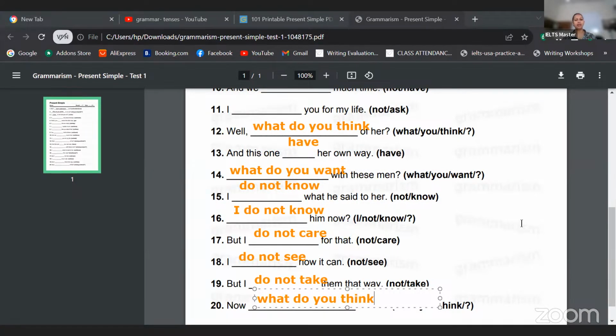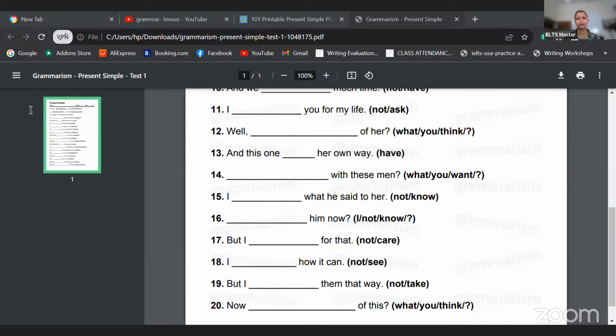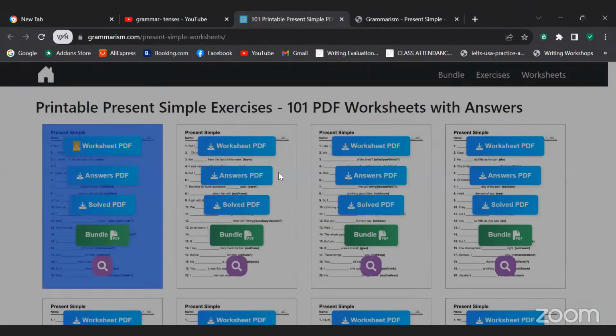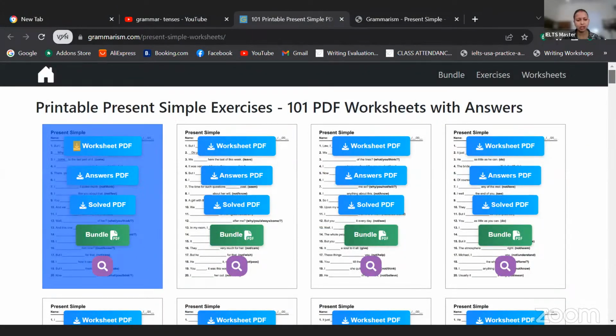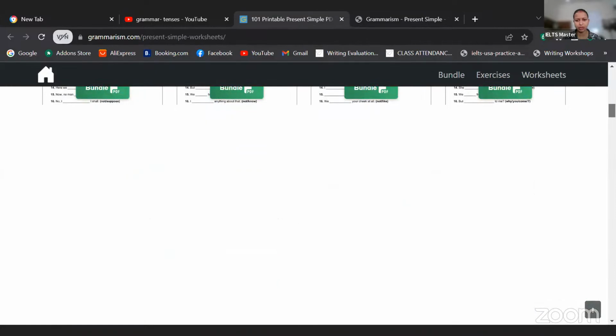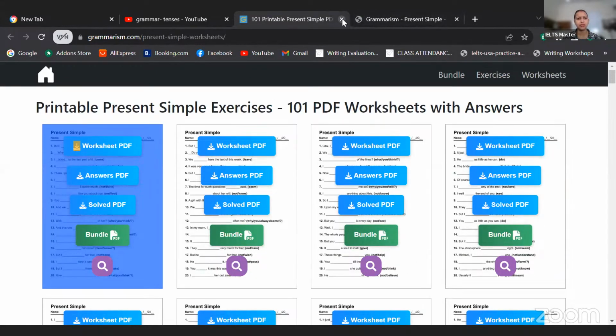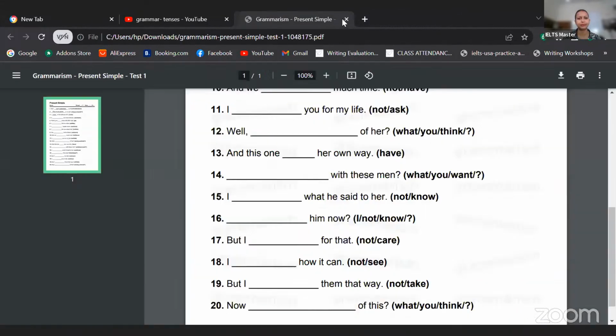So this is for simple present. Any doubt? No, ma'am. Correct. Similarly, if I check for the next sheet, just a minute, please.